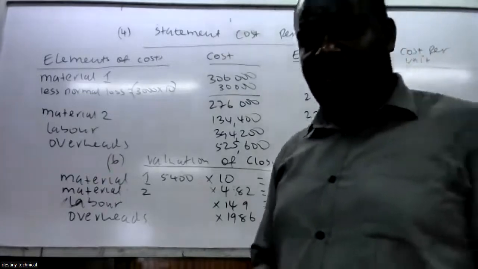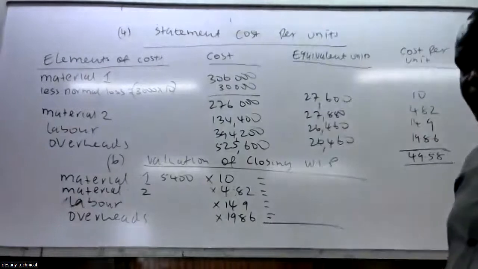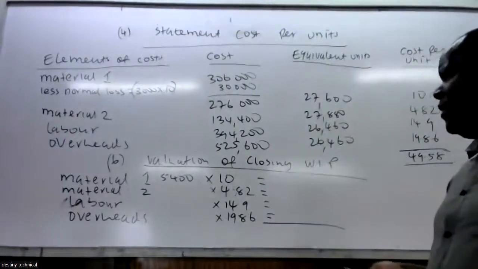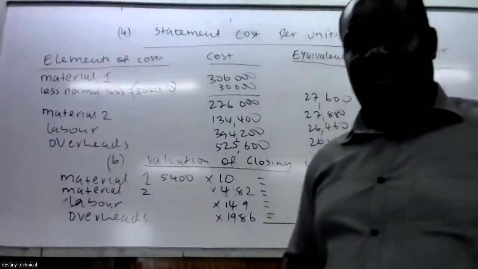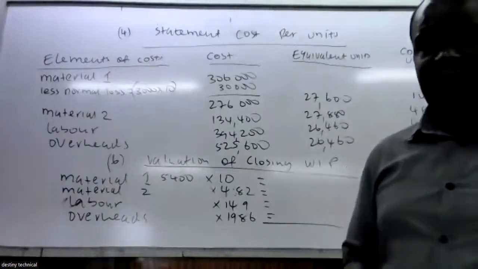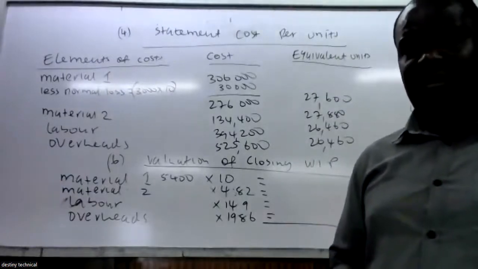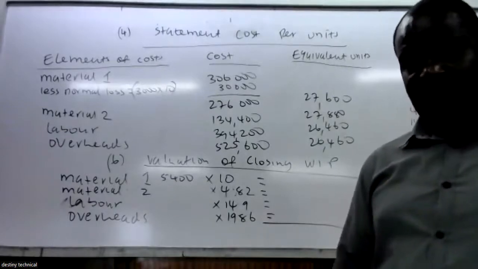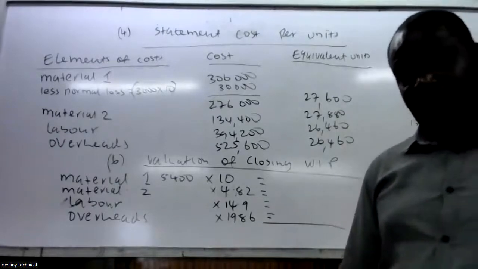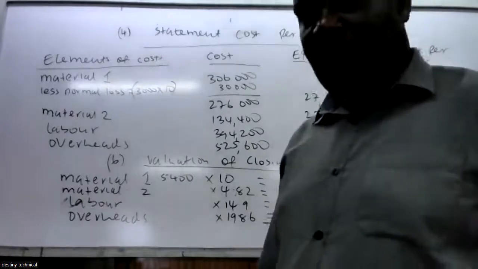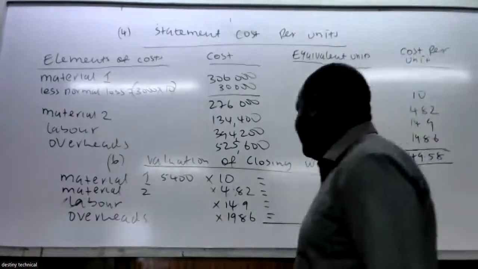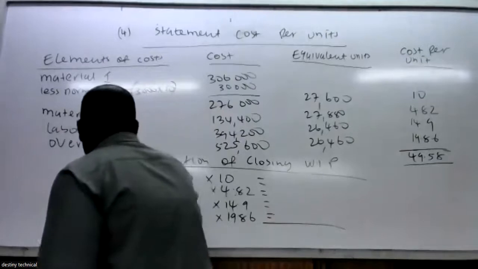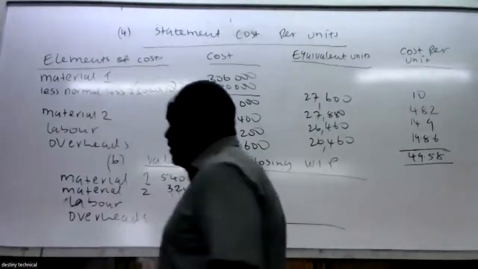What was 60% of 5,400? 60% of 5,400 had given you how many units? So 3240. So this one will be 3240.